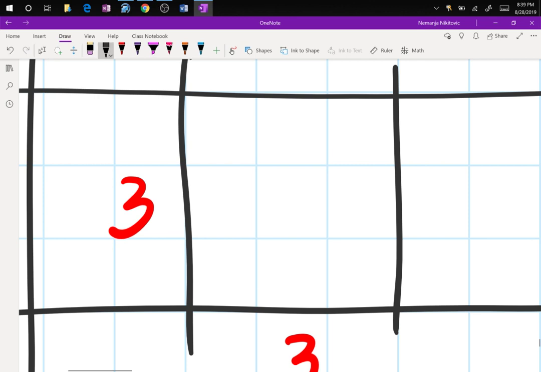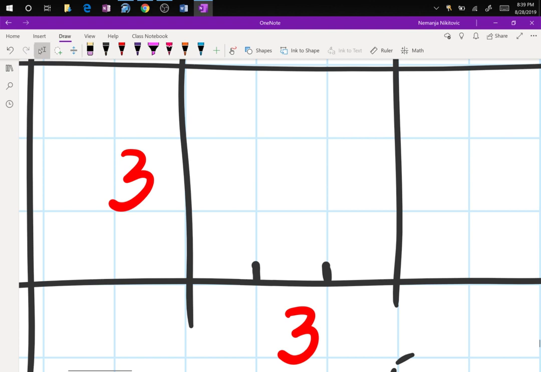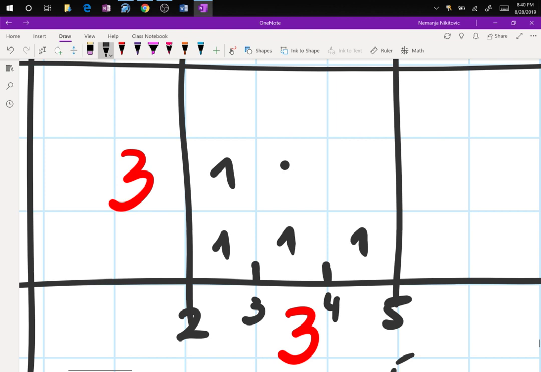If each one of these tick marks here is a unit, and it is, because this is where your 2 is, and your 3, and your 4, and your 5, then this square over here is 1 by 1, which has area of 1. And you have 9 of these ones. So that's all 9 units.